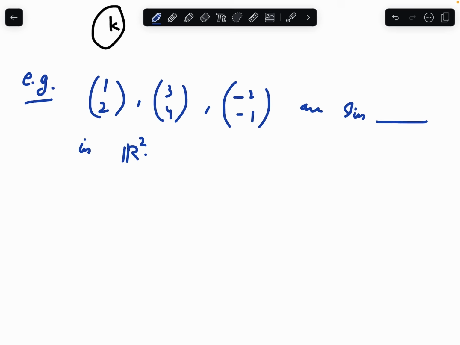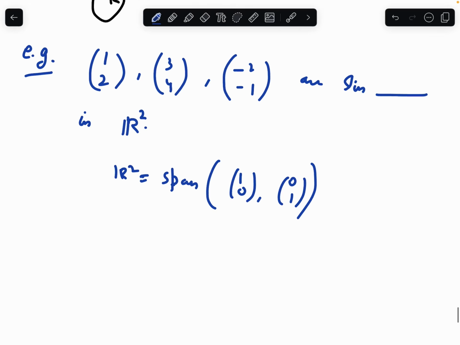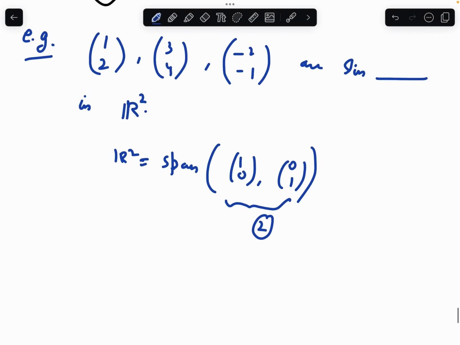How? Let's see. We know that R2 is a span of 1, 0 and 0, 1. How many vectors? Two vectors. So if they were linearly independent, then how many of these are here? Three.